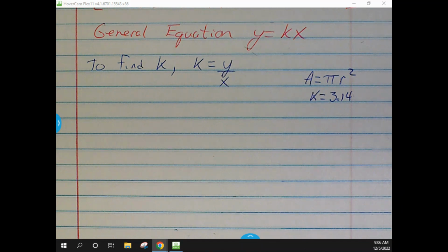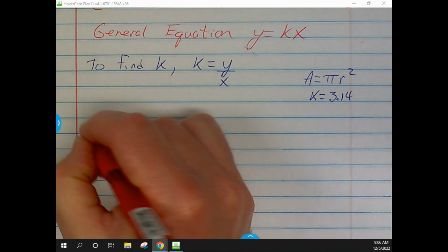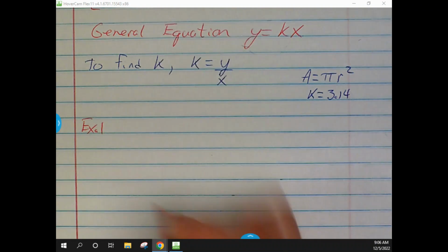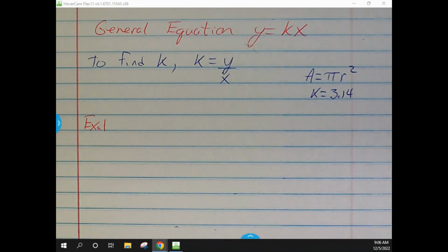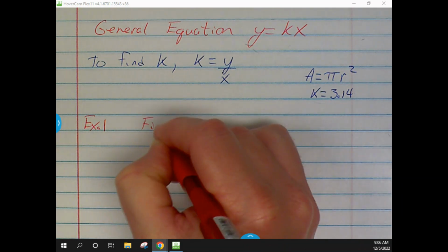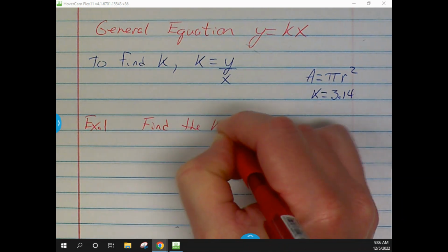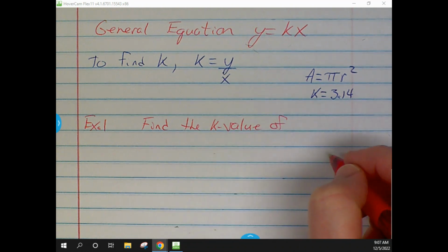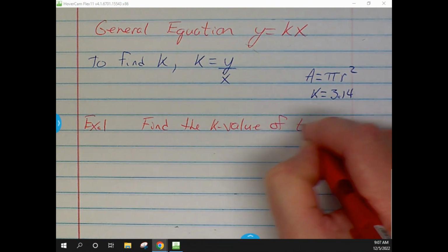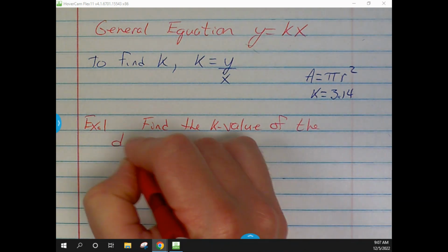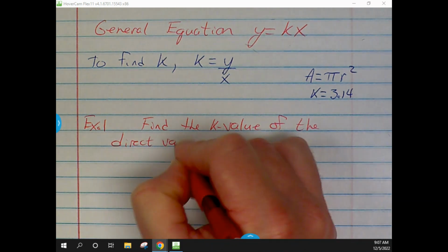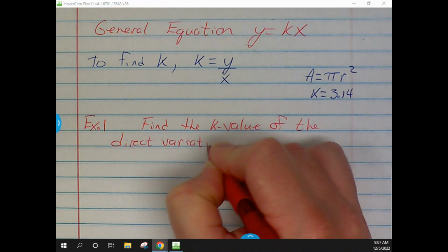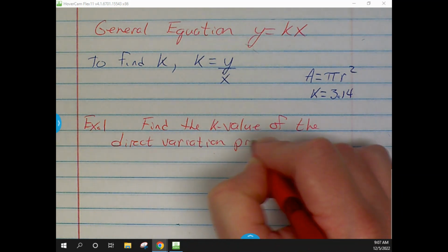Okay, so here's what we're going to do. We're going to do kind of the same thing we did on the last one, and we'll do kind of along the same line. Let's find the k value of the direct variation problem.